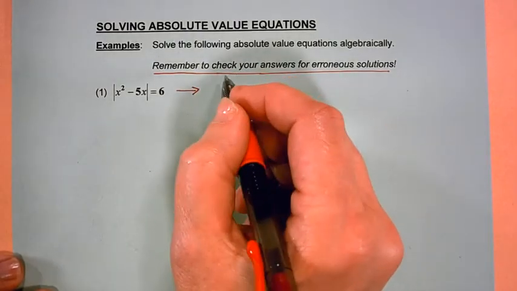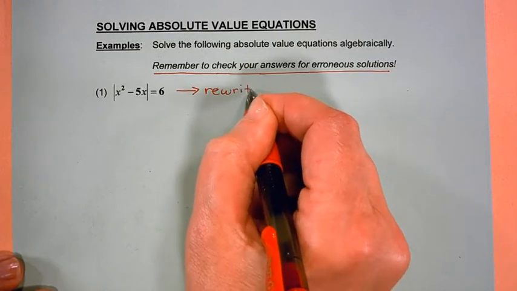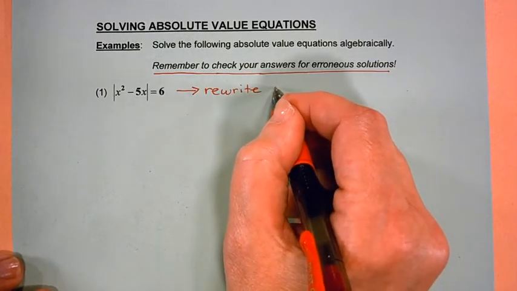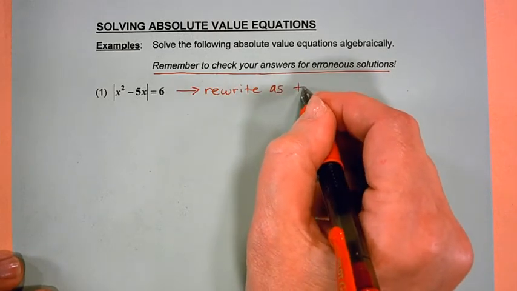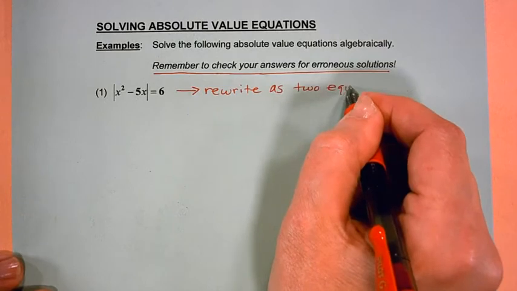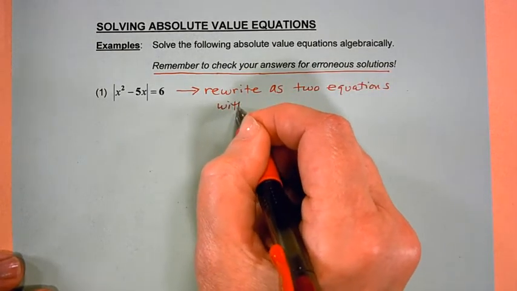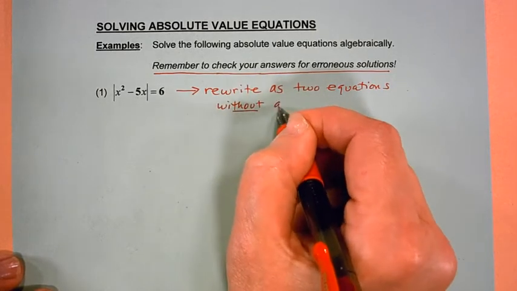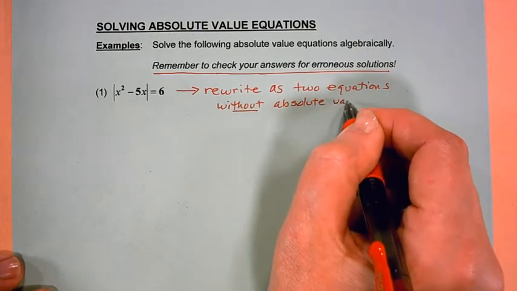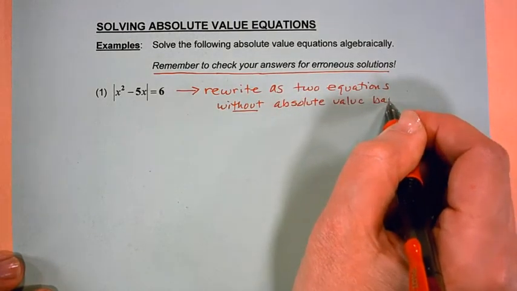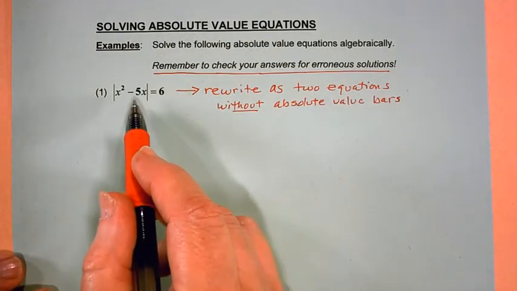The major step when you're solving an absolute value equation is to rewrite it as two equations without absolute value bars. You can't solve an absolute value equation with the bars on it.